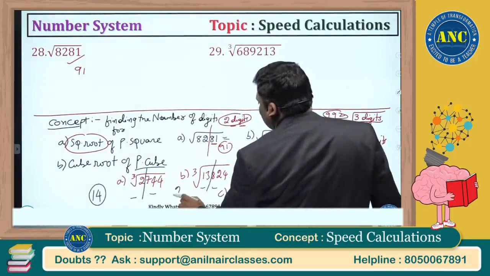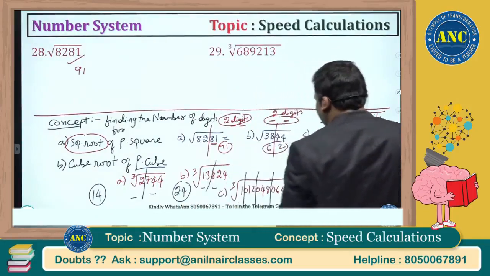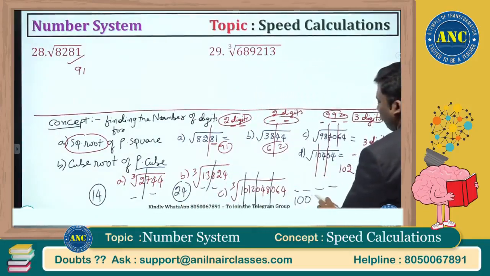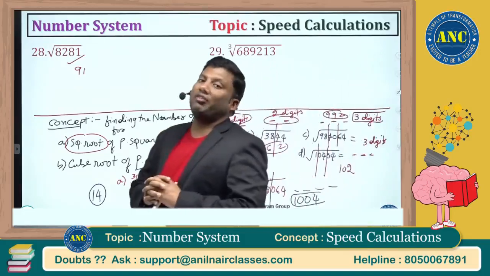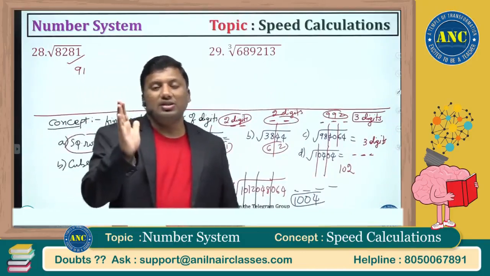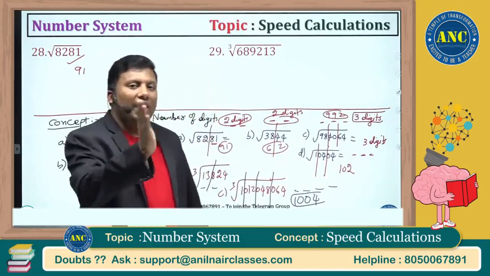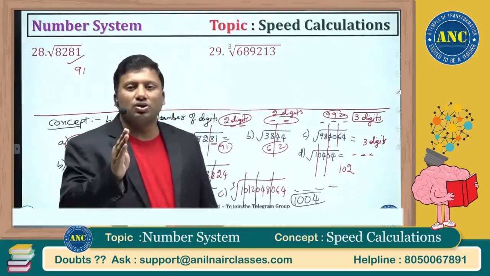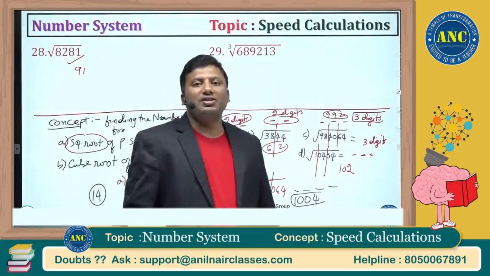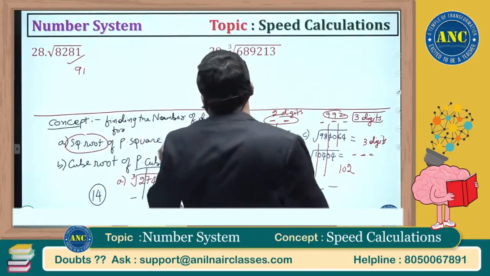If you solve, these are 1024 and 1004, all are matching. If it is a square root of a perfect square, take a group of 2 digits and check how many such groups are there. If the number of digits is less than 2, prefix 0.